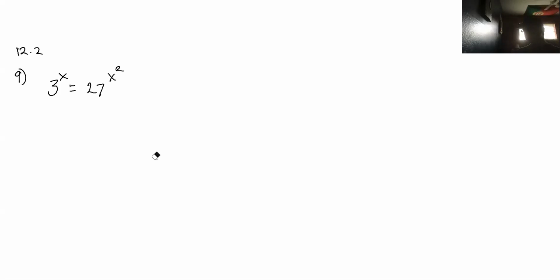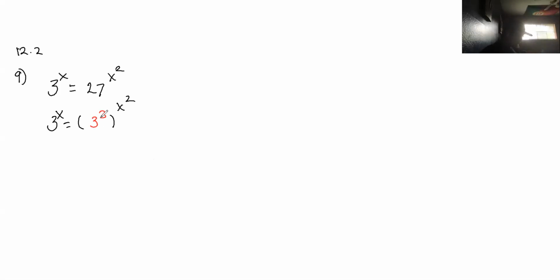Number 9 is 3 to the x equals 27 to the x squared. And I want to get them to have the same base. What is the same base going to be? 3. So I'm going to have 3 to the x equals, and what am I going to change the 27 to? 3 to the 3rd.